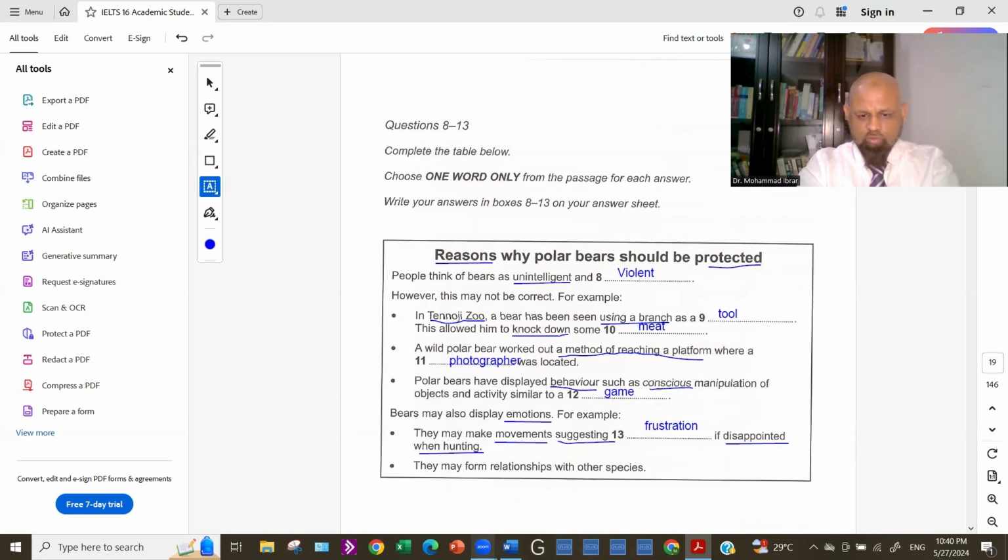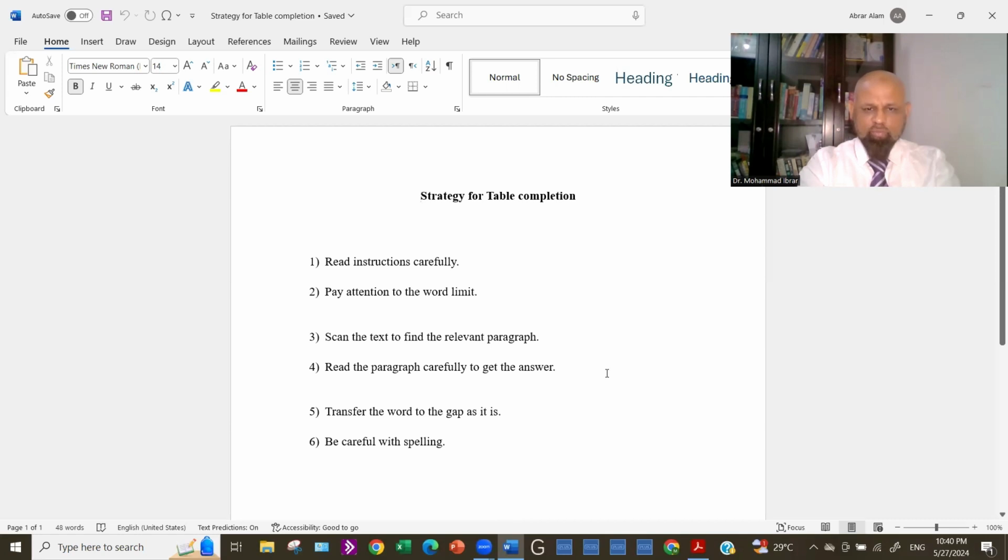Now, let's go back to the strategy. Let's recap what we have done. So first of all, we read the instructions carefully, and we also took into consideration the number of words that we need to supply, and then with the help of keywords, we found the relevant paragraph, protect polar bear, and then in that particular paragraph, we found the answers using keywords one after another.